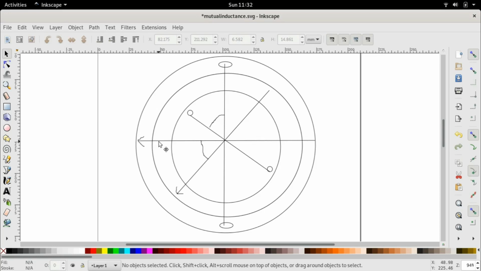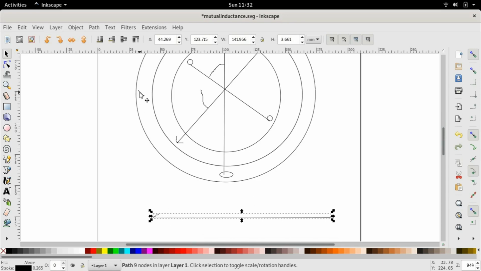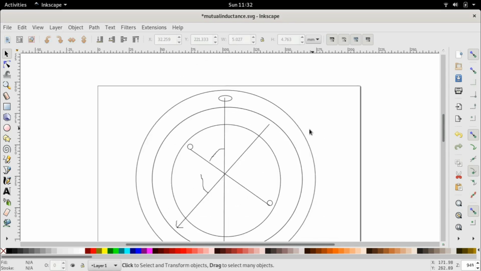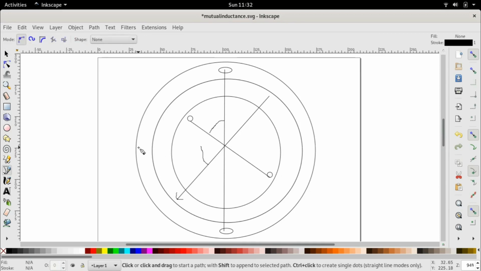So if I were to just remove this for now, and I just draw a horizontal line, this is the direction in which the stator flux flows.